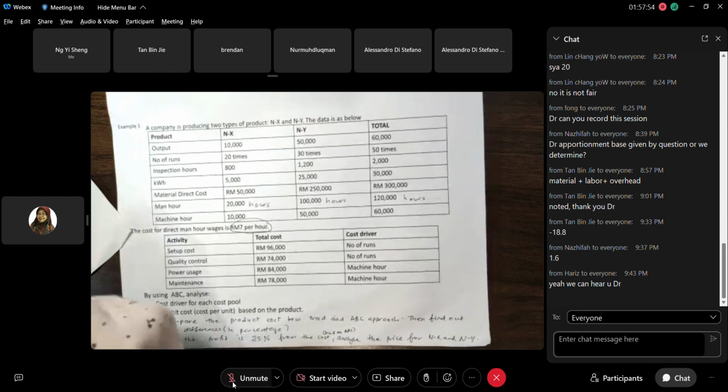Okay, what is the overhead punya ni? Cost 50. How many? 50 what? Okay, what is the OAR? The number of OAR.